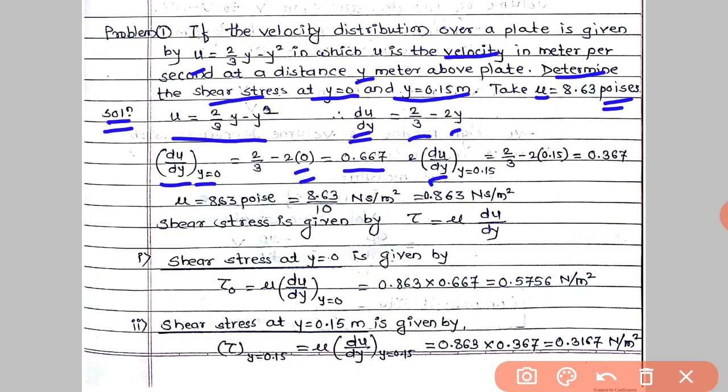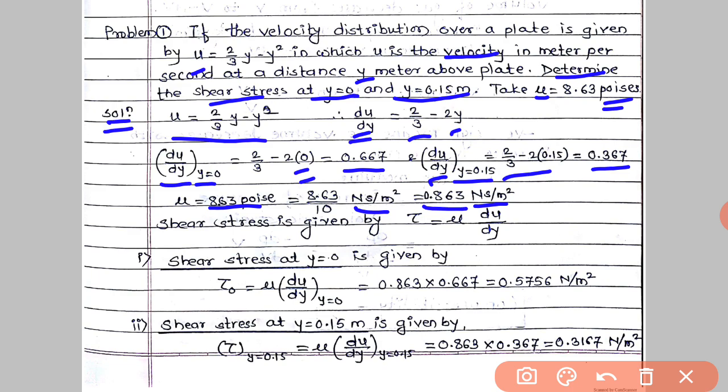And du by dy at y is equal to 0.15: put the value of y as 0.15 in this equation, so 2 by 3 minus 2 into 0.15, and this value comes as 0.367. Mu is equal to 8.63 poise, so divide 8.63 by 10 and we get it in Newton second per meter square. So 0.863 Newton second per meter square is the value for dynamic viscosity.